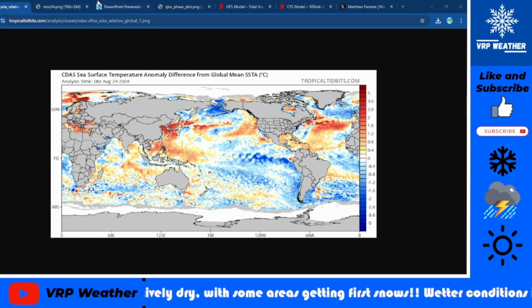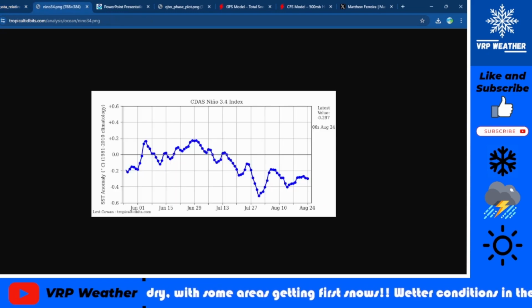We'll keep watching it as it cools, getting into later fall and winter. So what is the current value? The latest value right here is negative 0.29 Celsius, and that basically means that we have a very weak to ENSO neutral right now. We see that our graph went up a little in early June as we got into summer.